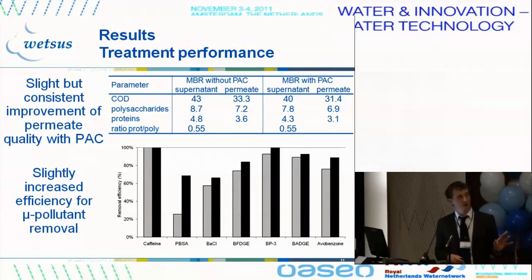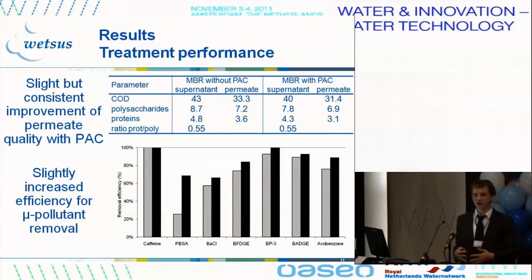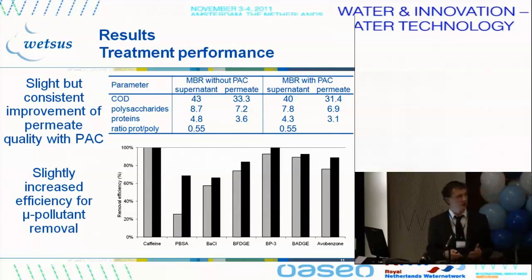But given the high variation in the wastewater, we always had this difference. The one with PAC always had a slightly better permeate quality. Also, we did LC-OCD analysis of the COD, and we found it to be very strong in humics. That's because in Leeuwarden, we have a lot of humics. Then we started to look at the micropollutants removal.